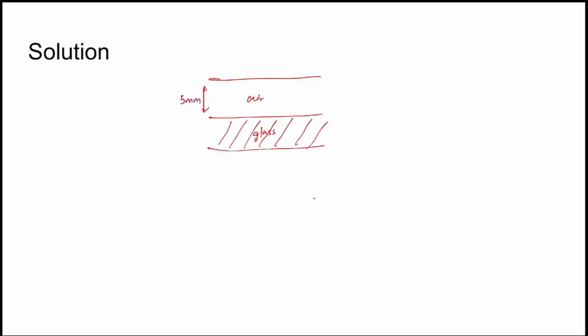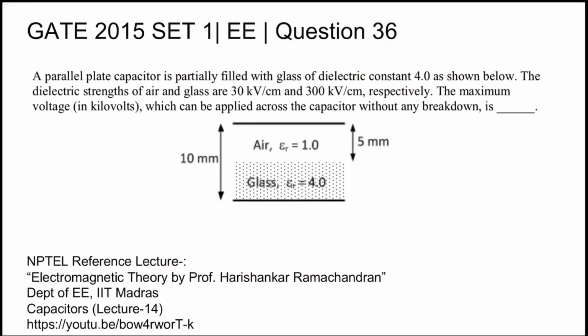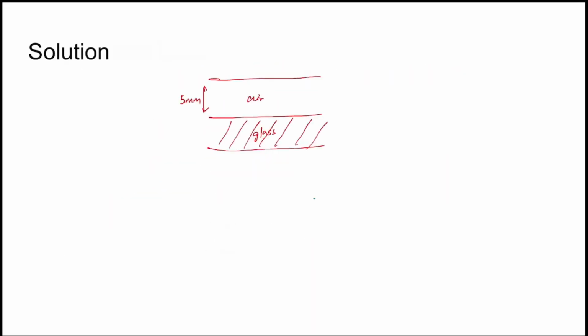Coming to the solution, this layer has air and this layer is filled with glass. Both have 5 millimeters separation, as is given in the question. Both 5 millimeters separation, and the relative permittivity epsilon r is 4 for glass and 1 for air.